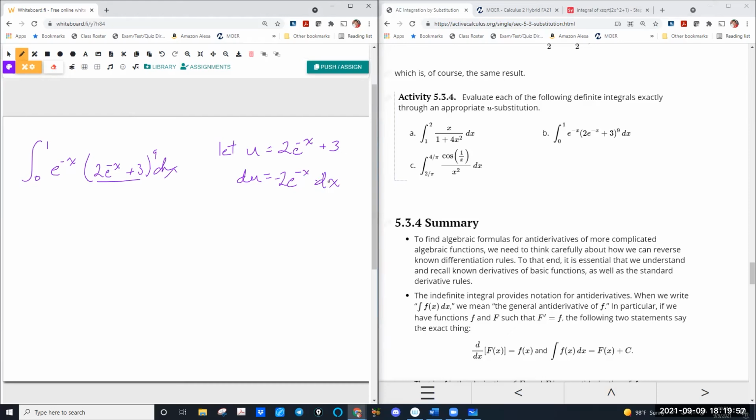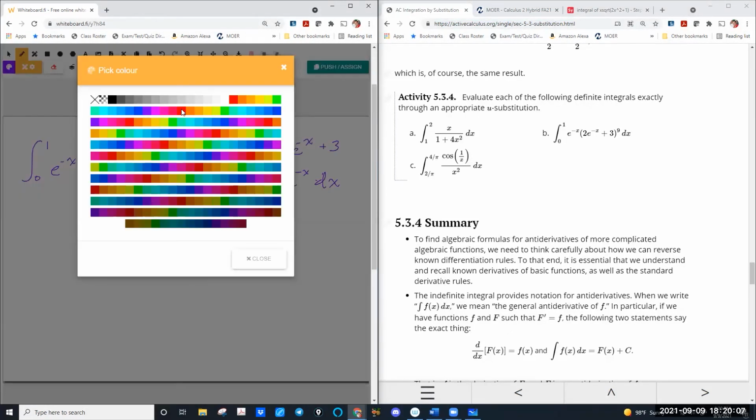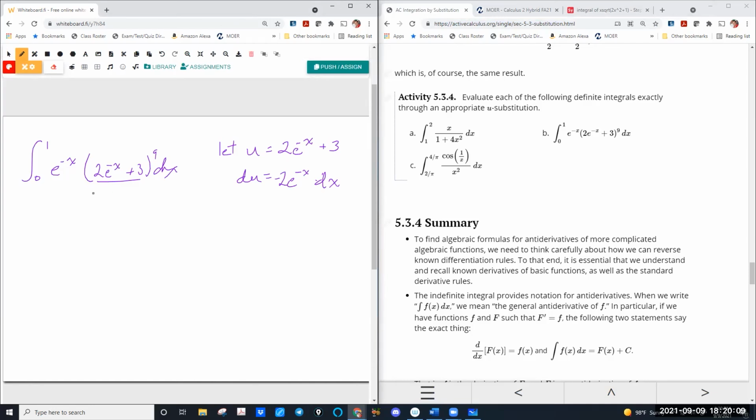And as I'm going through this, if you guys have questions, let me know. So now let's see about making our substitution. And I want to change colors for this because I just want to make this real obvious. So if I'm looking at this, I already know this part here is u. So that part I'm done with. This e to the negative x is going to come in handy because it's going to match up with that e to the negative x here.